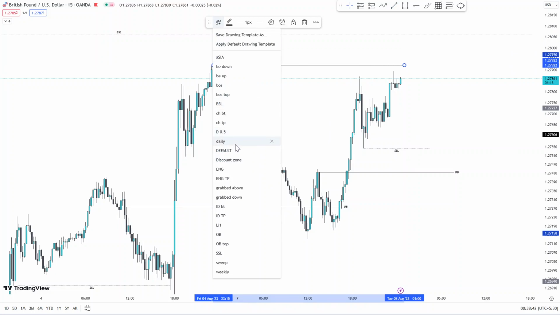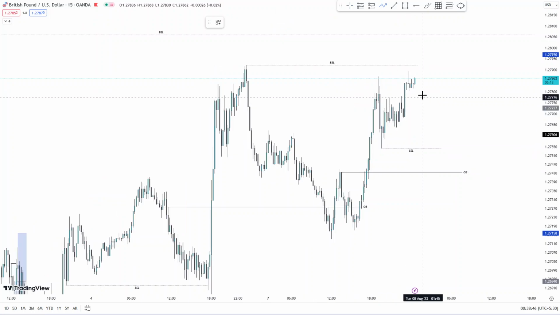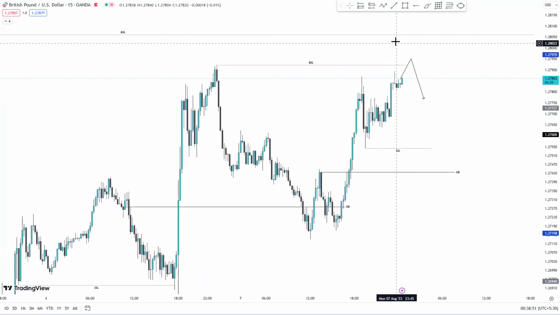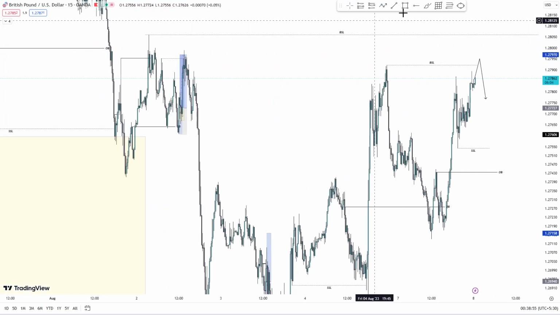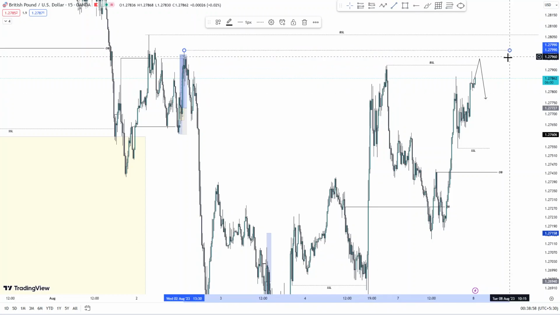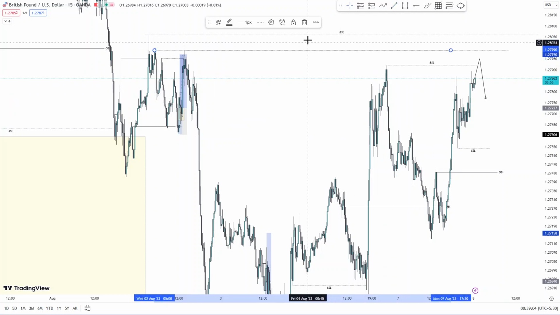Okay, let me mark this as buy side liquidity too. Understand the logic, guys. If you are shorting from here, you have a strong liquidity zone just above you. Not only that, we have this buy side liquidity in the band, and this buy side liquidity.